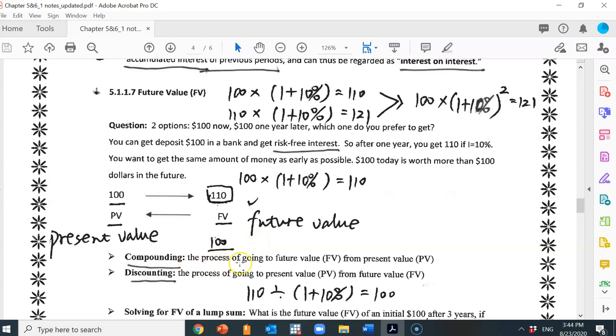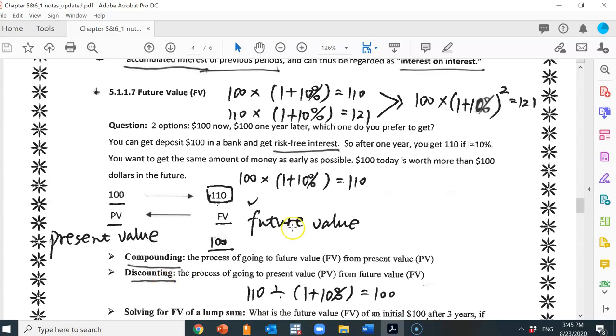And the process of going from the present value of $100 to the future value of 110, we say this is compounding. Okay, when we use $100 multiplied by 1 plus 10% equals 110, when we get this future value of 110 from the present value of $100, we say we're compounding. And the reverse process of going to present value from future value is called discounting.